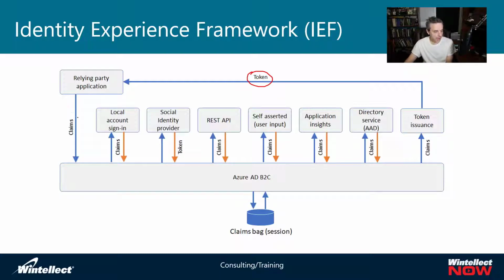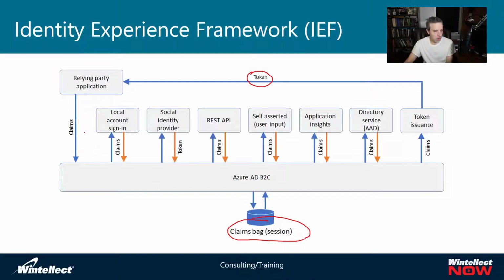However, it starts with the basic claims about the application. So it sends the application's configuration, like its redirect URI, which we've seen in other setups that we've done. It talks about the client ID and various things like that that are part of the application's claims. All of those claims get put into what we call a claims bag or a session down here, and they're basically brought along for the ride.